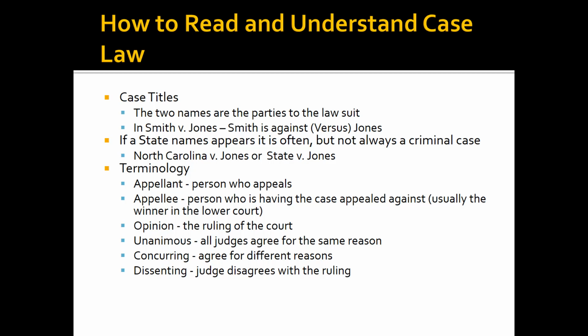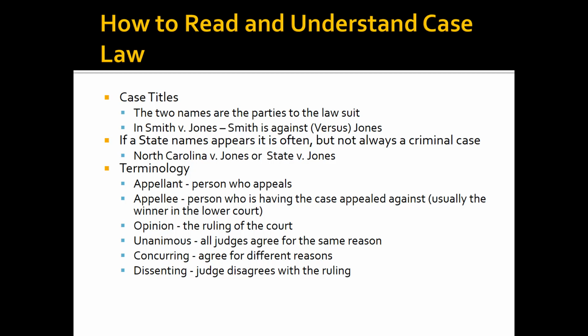If you see the state's name, it is often but not necessarily a criminal case. So if you saw North Carolina versus Jones, although here we tend to use State v. Jones. An appellant is the person who appeals a case. That's the one who lost. The appellee, that's the one who won in the lower court. He's having the case appealed against him.